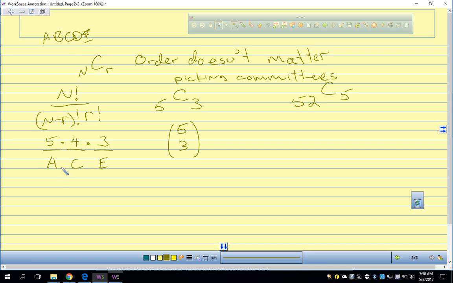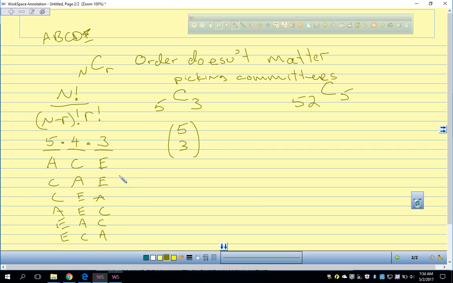letters. But I could also call this CAE. If I'm just choosing a committee, it doesn't matter. I could also call this CEA, AEC, EAC, or ECA.